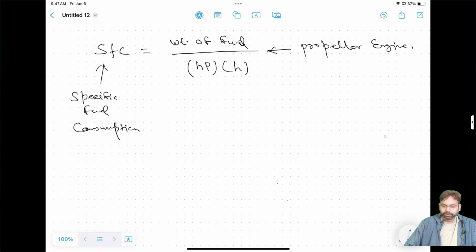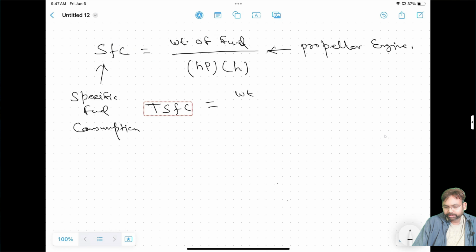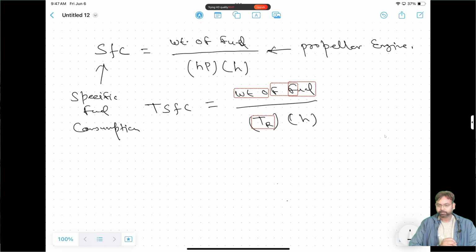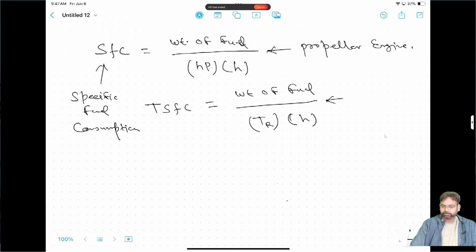And if we talk about the SFC for a jet engine, then we write thrust specific fuel consumption, which is given by weight of fuel, the same way, divided by thrust required per unit time, and that is for a jet engine.